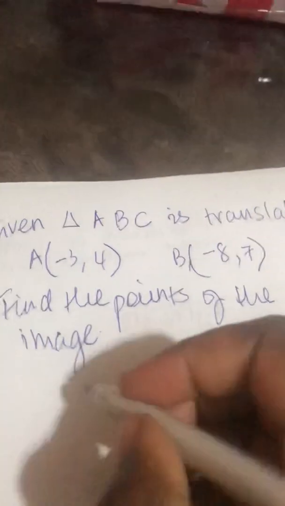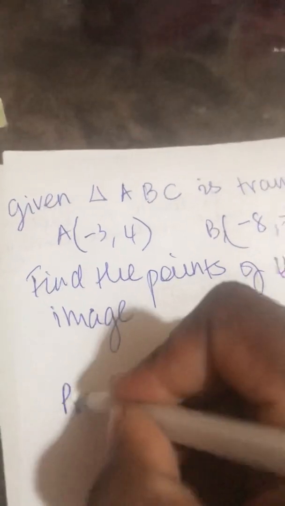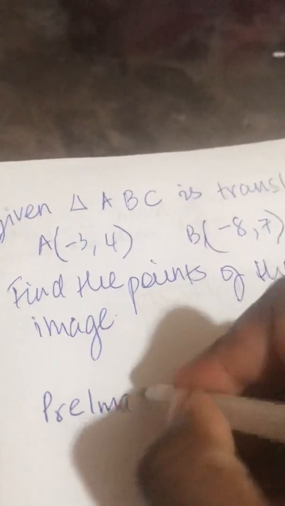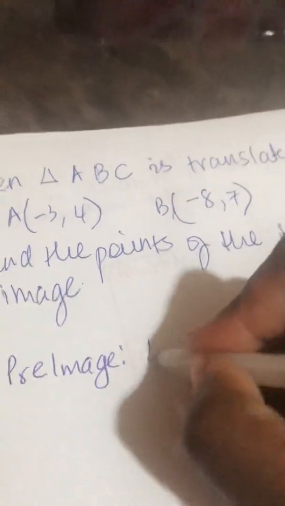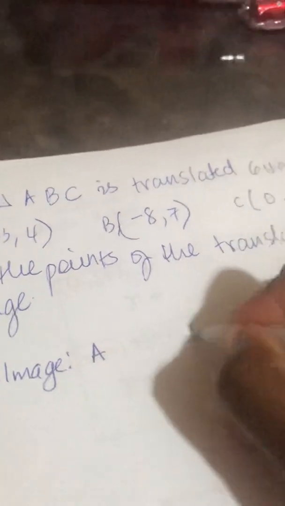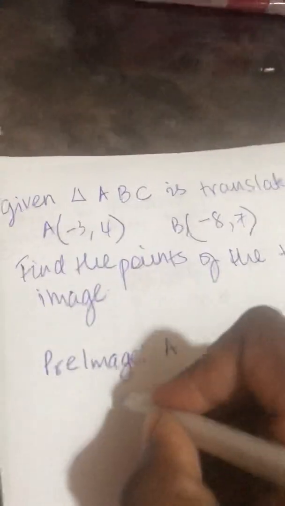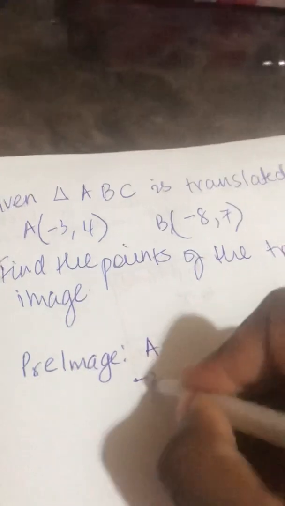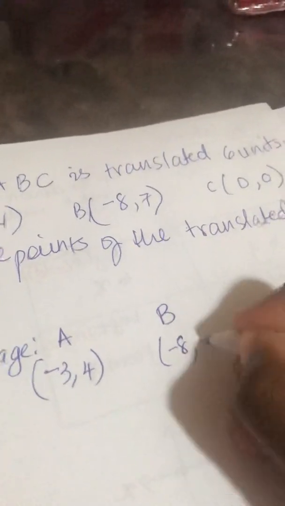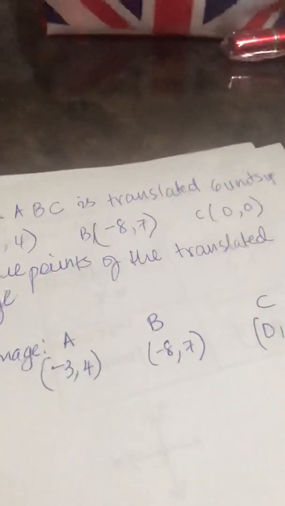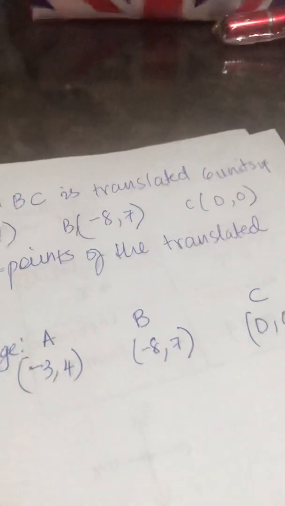Alright, so I write my pre-image, and I write A, I write B, and then I write C, and then I write negative 3, 4. I write negative 8, 7, 0, 0. Okay, 6 units up.